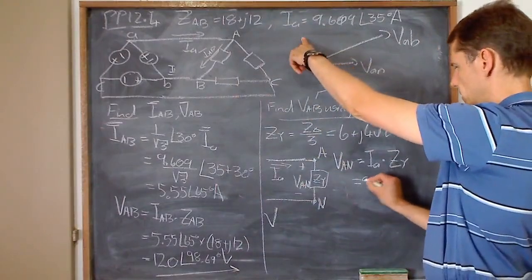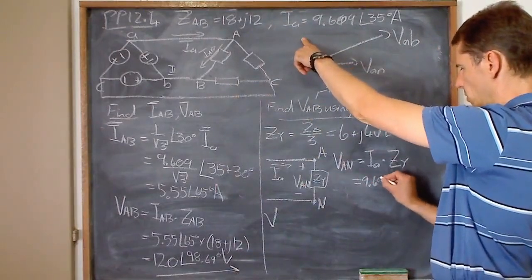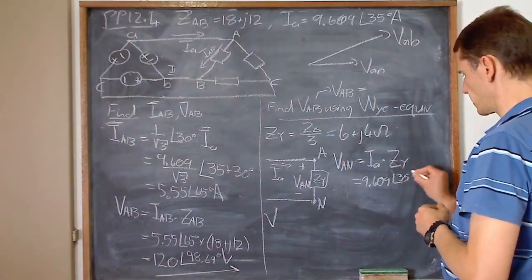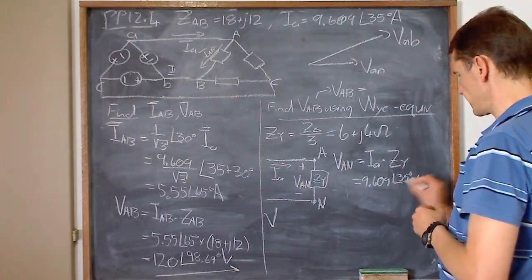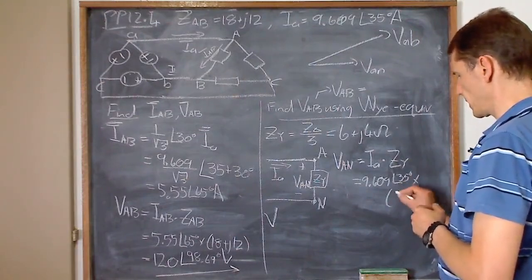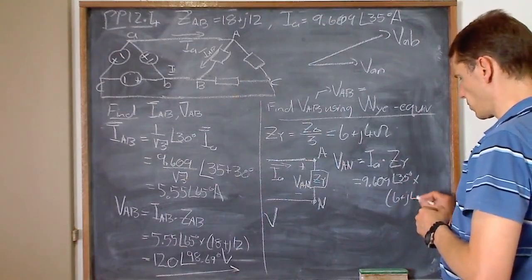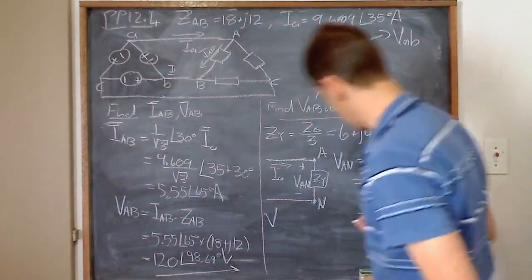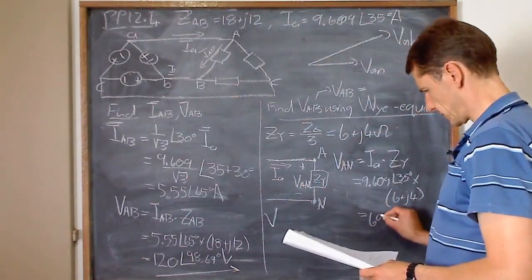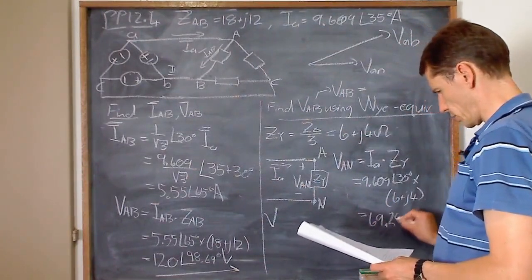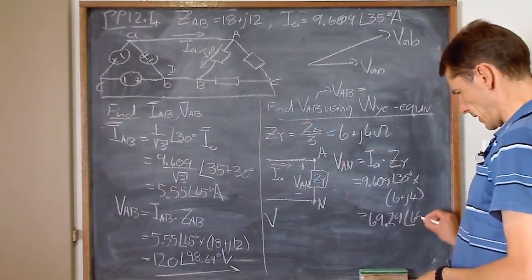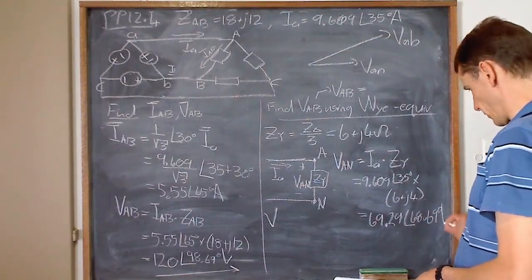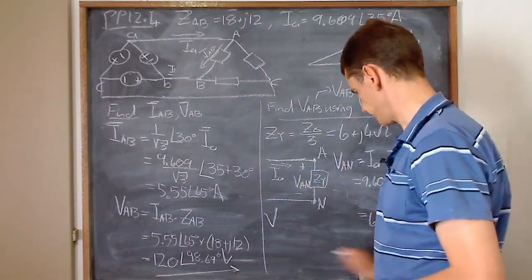IA is this 9.609 angle 35 degrees multiplied by 6 plus J4. So that gives me a 69.29 angle 68.69 degrees volts.